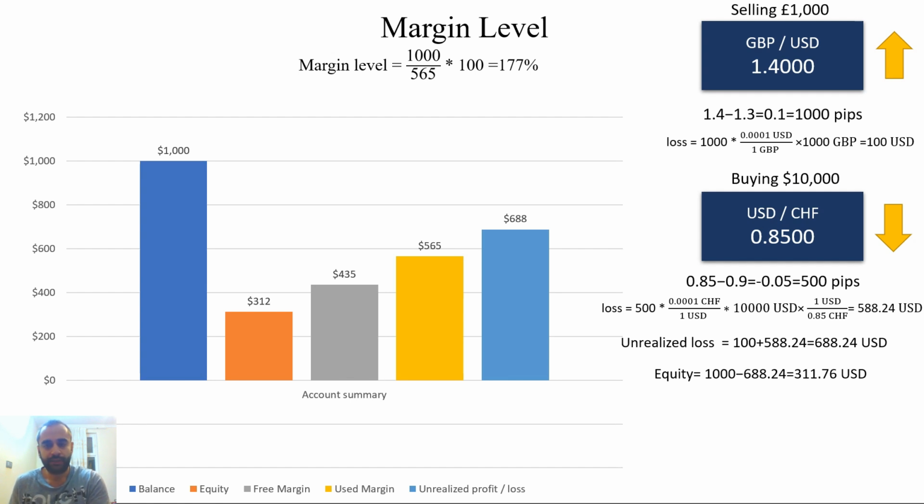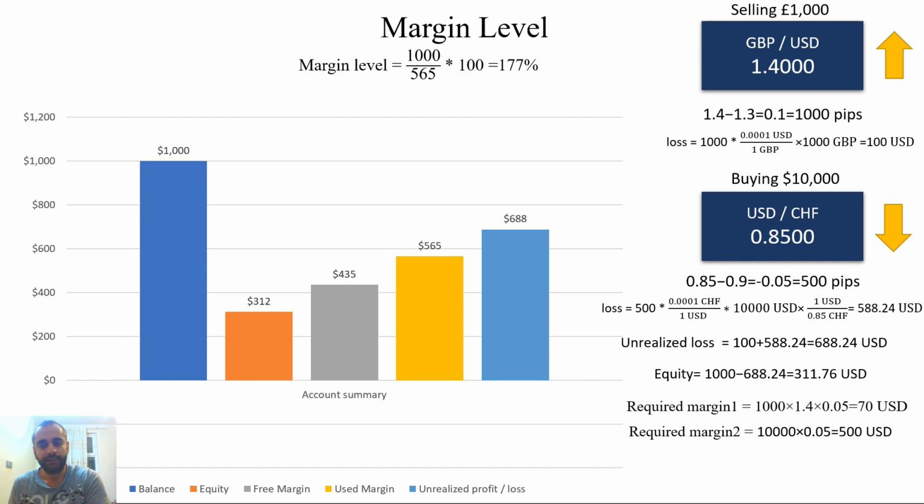Since in our first trade we are trading pounds and it gained strength against the dollar, the position value in dollars will also change. And since our account is denominated in USD, first we should recalculate the used margin. Since in the second trade our position size is in dollars, which is our base currency, the margin is constant regardless of change in exchange rate.